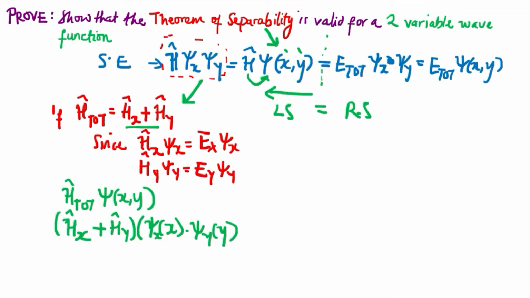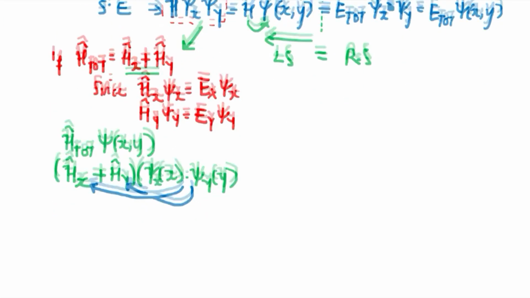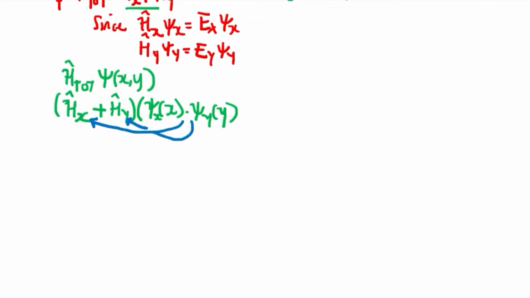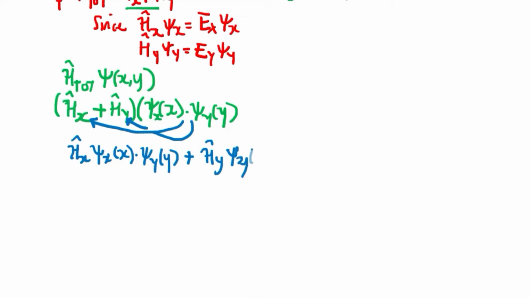What that means is that I'm going to multiply this first by the x coordinate Hamiltonian operator, and then I expand this with that for the y coordinate, and what I get as a result is this particular expression, which is the Hamiltonian on the x applied to this particular wave function in terms of the variables, and this is going to be added to the Hamiltonian on the y multiplied by the y coordinate wave function and that of the x coordinate.